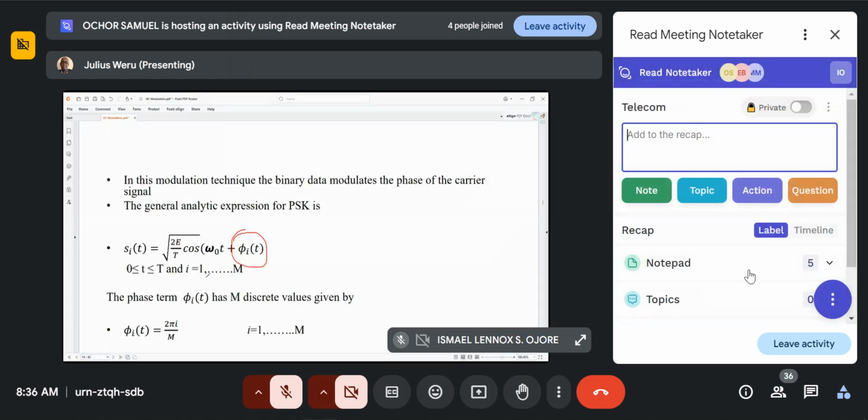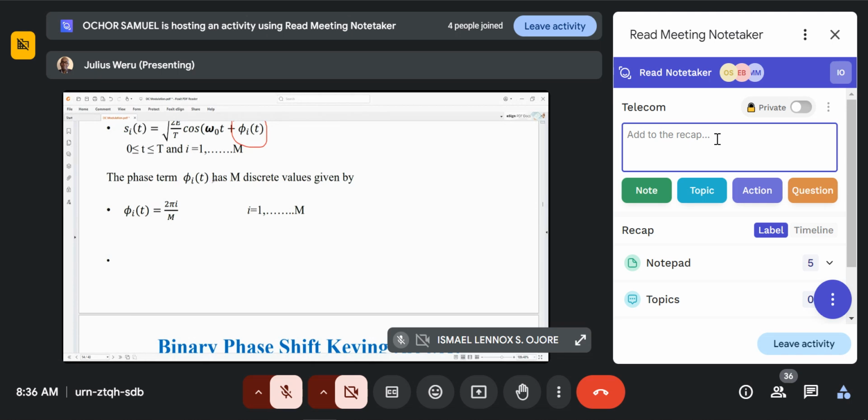These are the different values of phi i(t). i is varying from 1 to M, and M depends on your modulation, whether it is binary or you are carrying 2 bits at a time, or 3 bits at a time, or 4 bits at a time.